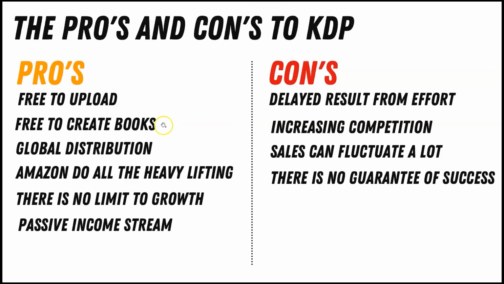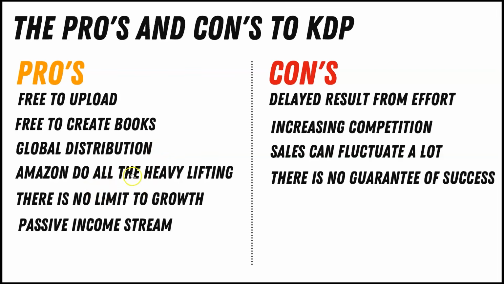It's free to create the books, so yes, there are paid software programs, and I'm going to be talking about those, but you can create your books and load them to KDP for free, which is fantastic. You have global distribution. You have the biggest bookseller in the world distributing your book across the world to many, many different countries. So that is an incredible opportunity for you to get that exposure.